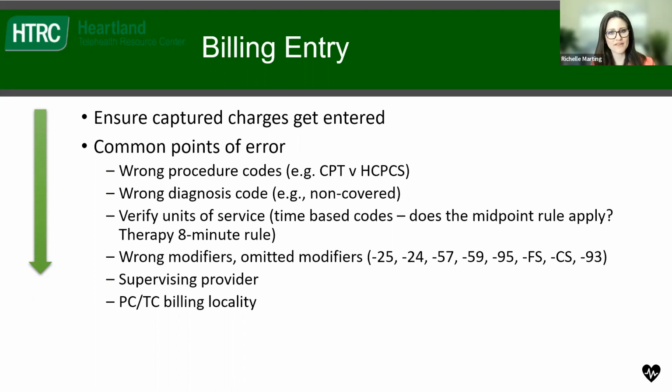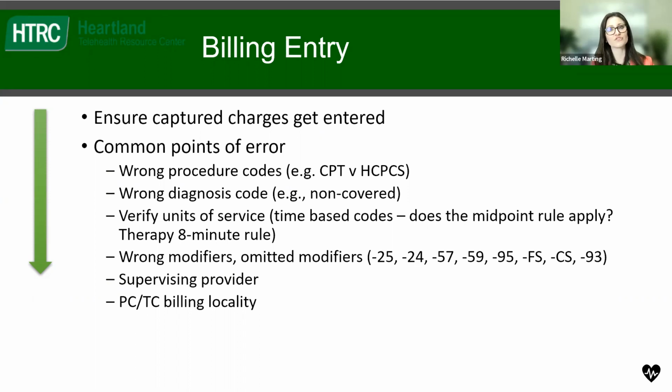Some common ones you may think about: modifier 25, if we have multiple evaluation and management services, or E&Ms, with other items and services like an annual wellness visit or a depression screening, may require a modifier 25 on the office visit or other E&M code. Modifier 24 is a routine post-op visit in the global period of a procedure.